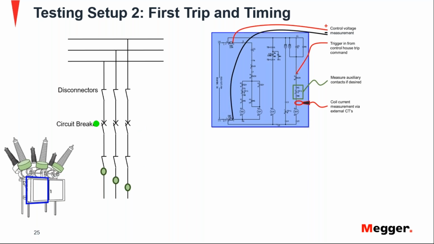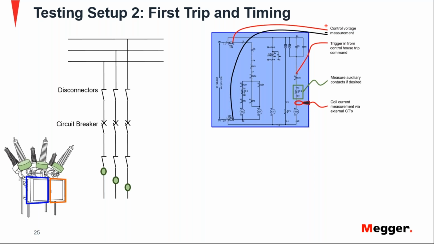And what happens is that as soon as the breaker is open, current will be interrupted here. So monitoring that current gives you the timing of the breaker. And it's not going to be the same accurate measurement that you do when you do it with conventional timing, but it's going to give you a very good approximation of the actual timing of the breaker.